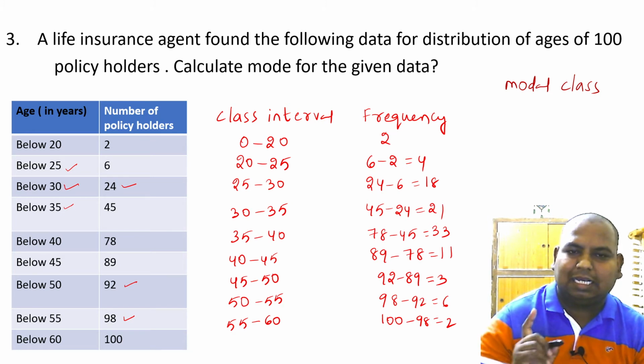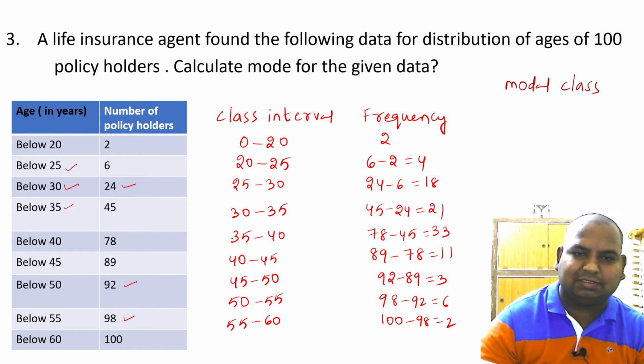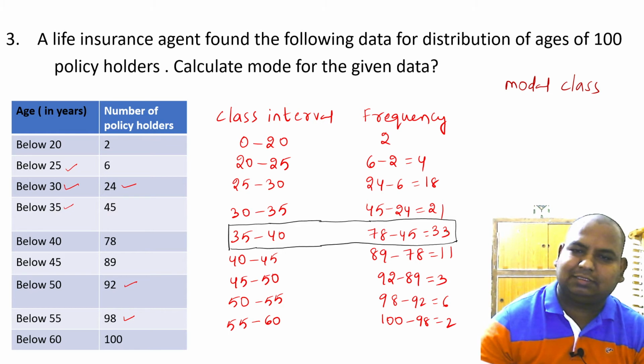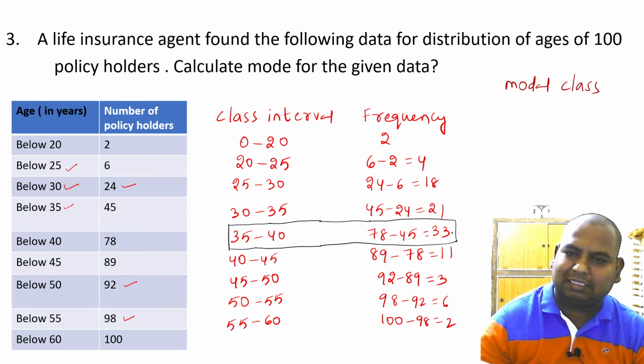That means the class interval having the highest frequency is called the modal class. This is the modal class. What about the frequency of the modal class? That is f1. f1 is 33.